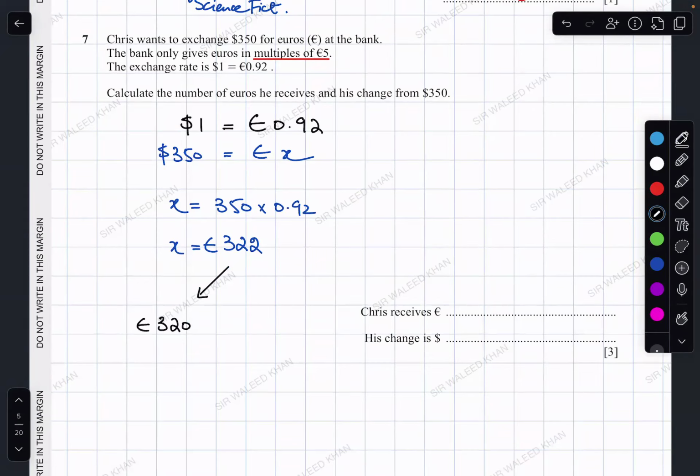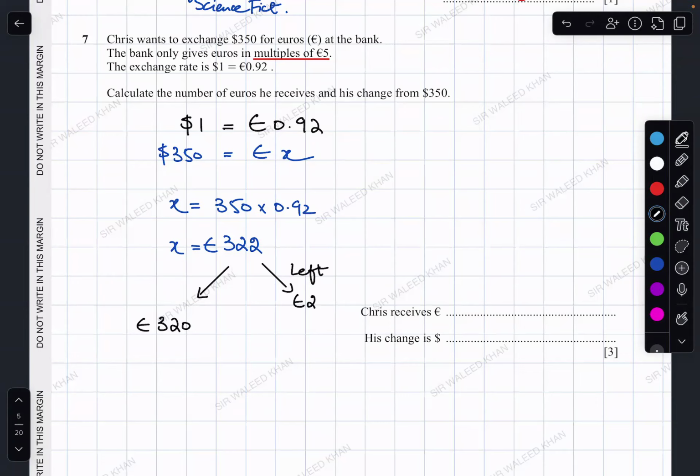How much is left? 2 euros. Left is 2 euros. Is that required as euros or in dollars? Dollars. Okay.